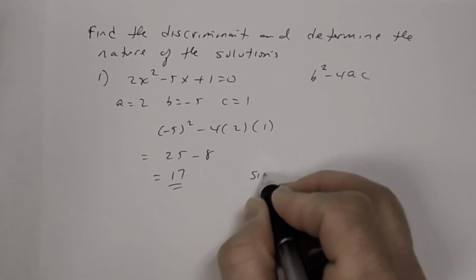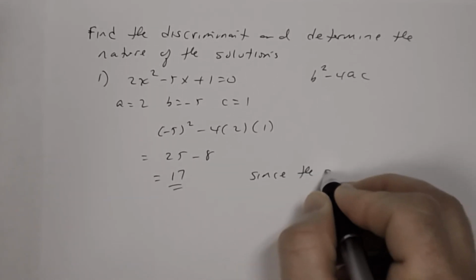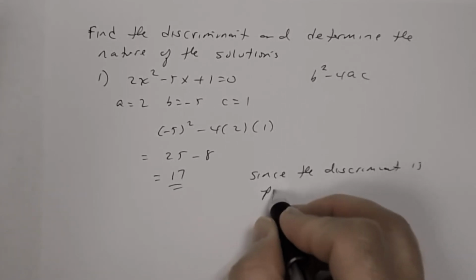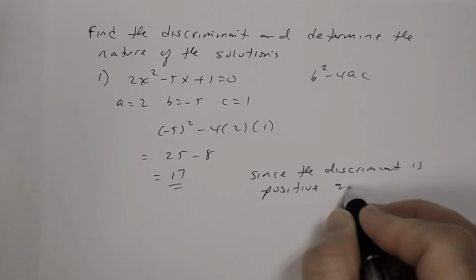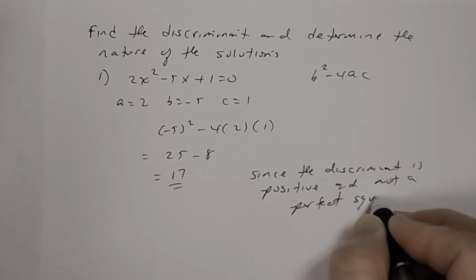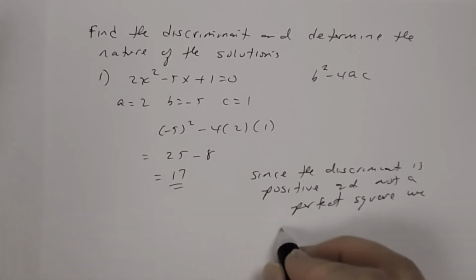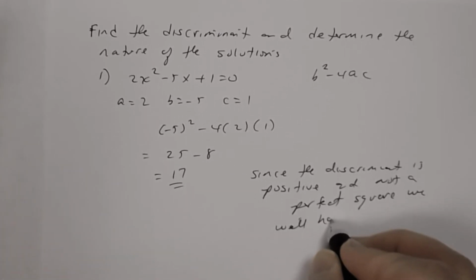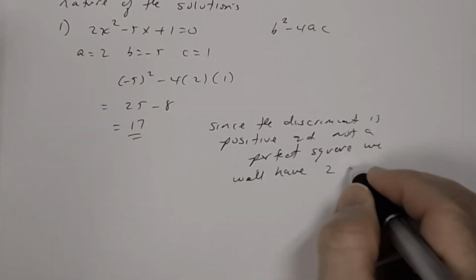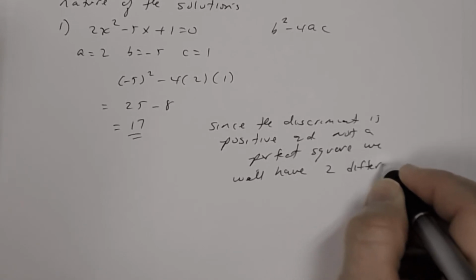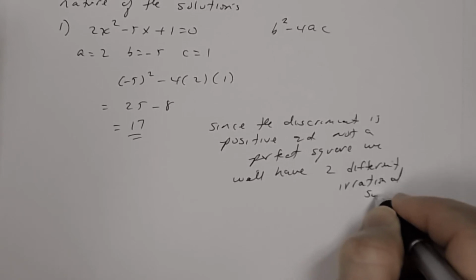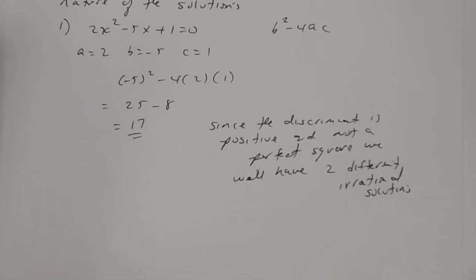So since the discriminant is positive and not a perfect square, we will have two different irrational solutions. Okay, two different irrational solutions.